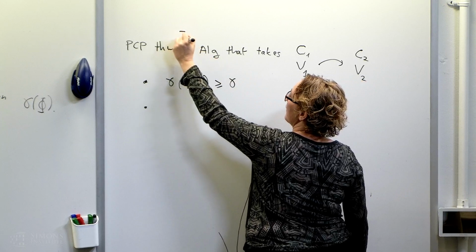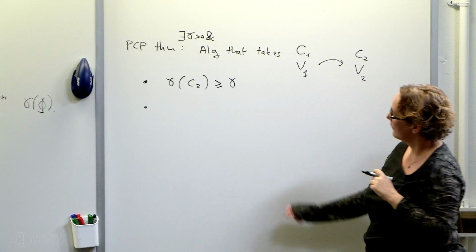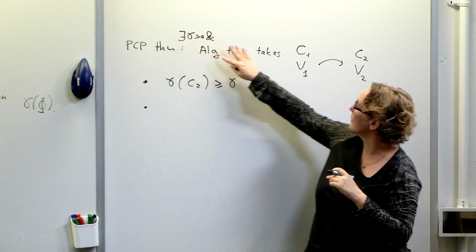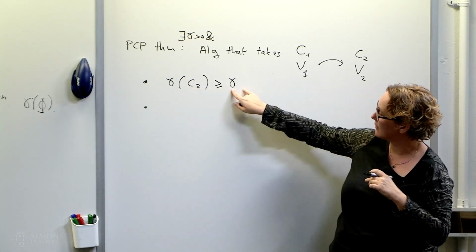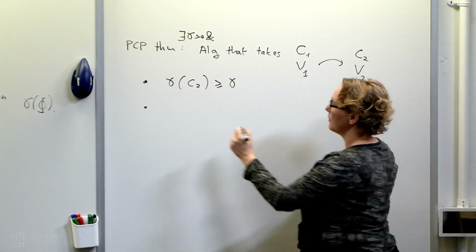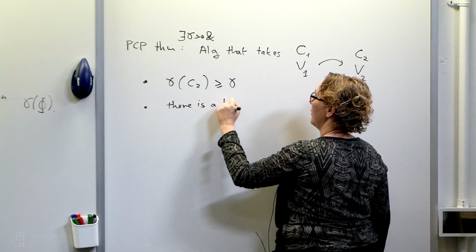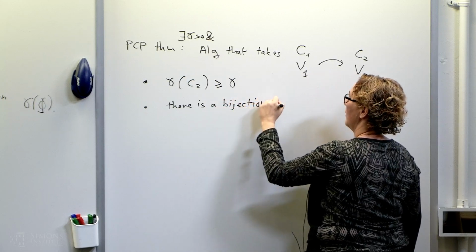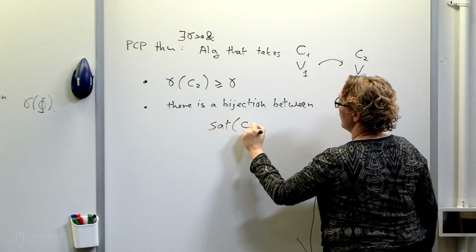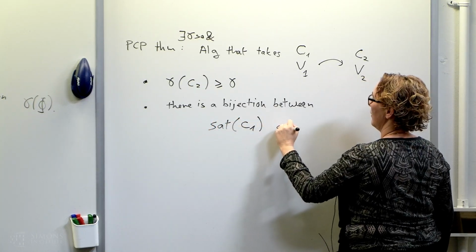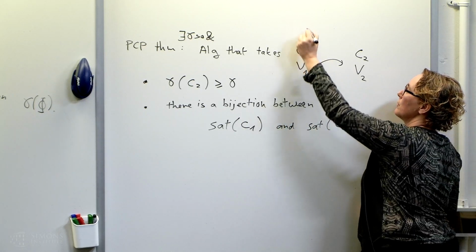So I should say here, there exists gamma bigger than 0, this constant is universal, and an algorithm that does this and creates a constraint system C2 that has this expansion. And also, there is a bijection between SAT(C1) and SAT(C2). Here are some questions. So I'm thinking of these as the constraints.